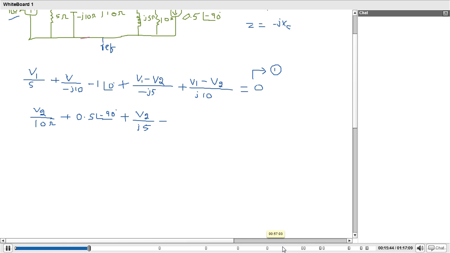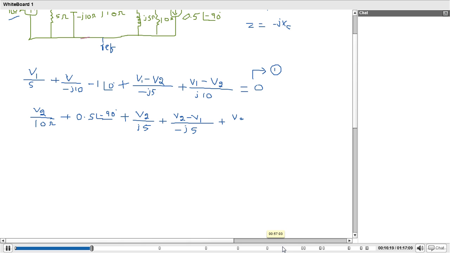Next, the current flowing through the parallel branch. First I am writing minus J5 ohm, so that is nothing but V2 minus V1 over minus J5 ohm, plus the current flowing through the J10 ohm.